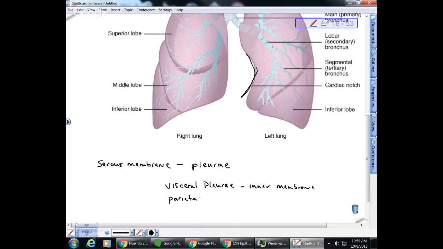The reason I remember that is because visceral means it's on the viscera. So we have the visceral pericardium on the surface of the heart. The parietal pericardium, or the parietal pleura, would be the outer membrane.